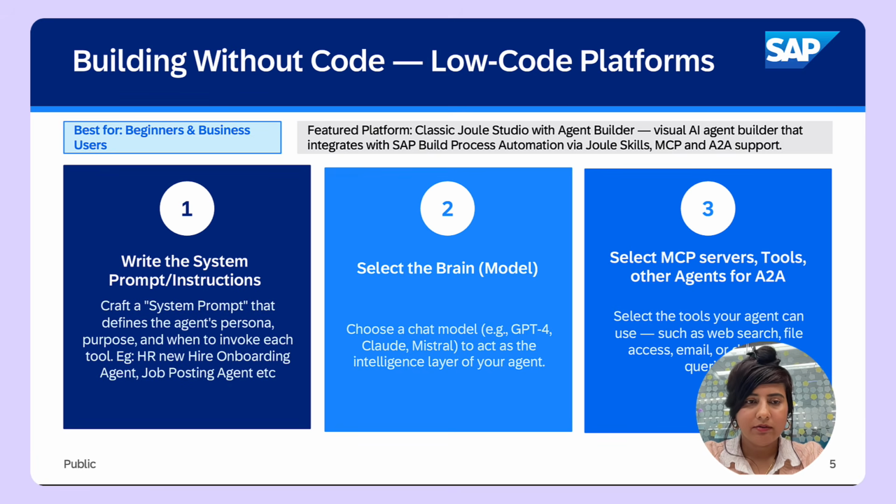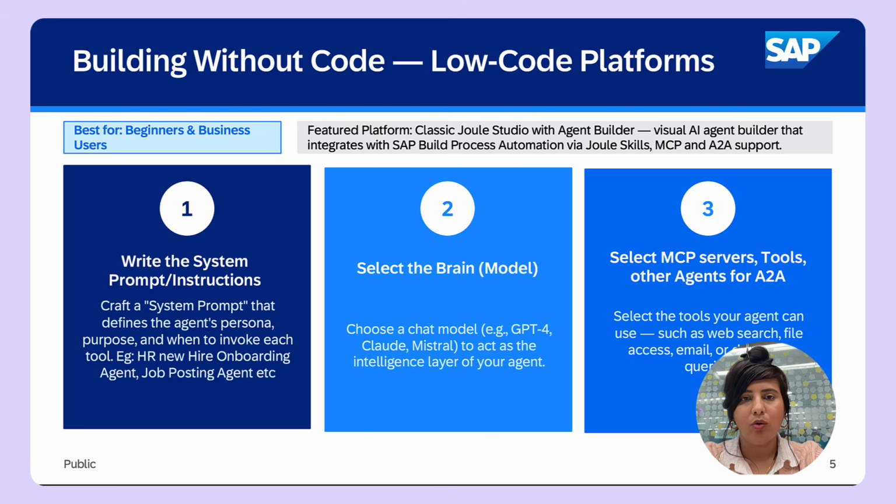We need to give the system prompts or instructions defining the persona of the agent. It could be a sales representative persona, or a new hire onboarding agent persona, or a job posting agent. We have to scope the persona of the agent using the system prompt.